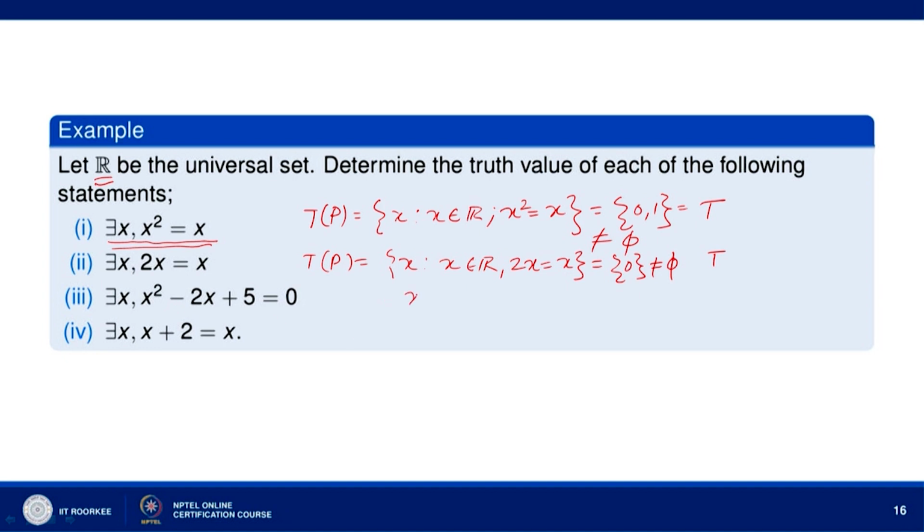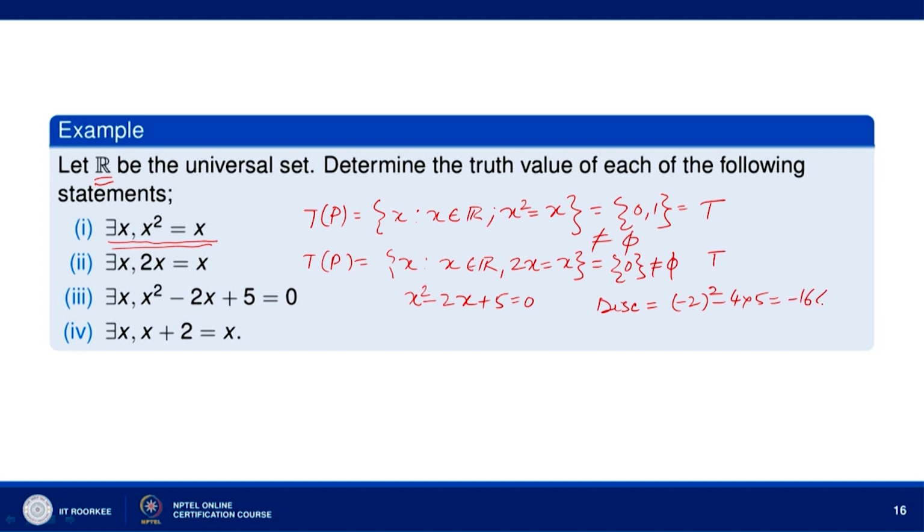Then there exists x such that x square minus 2 x plus 5 equals 0. If we consider this equation, you can see the discriminant is b square minus 4 a c, so minus 2 whole square minus 4 into 5, which equals minus 16.